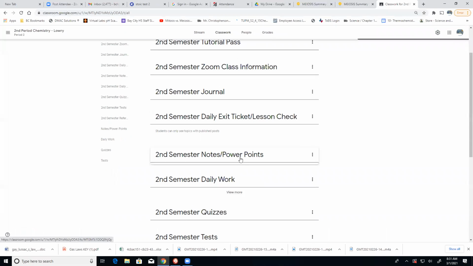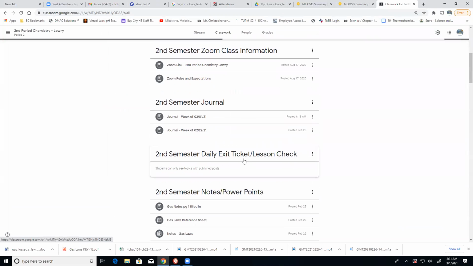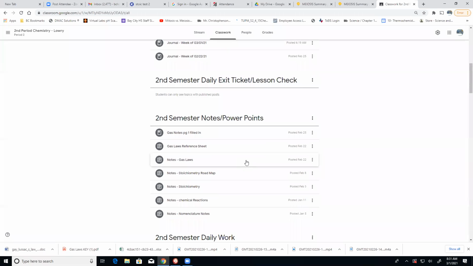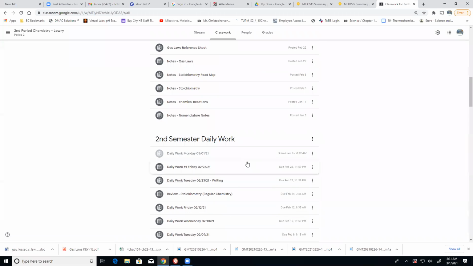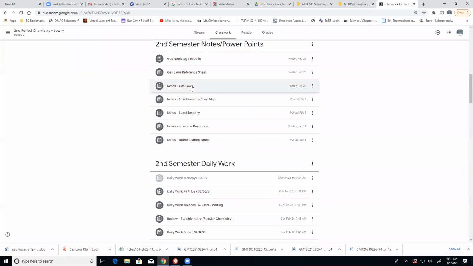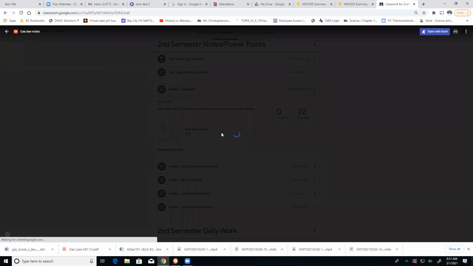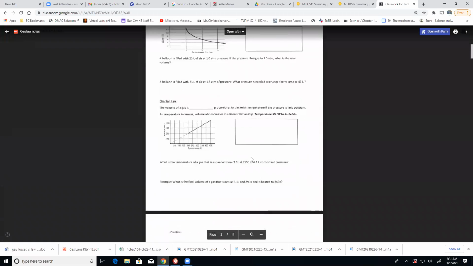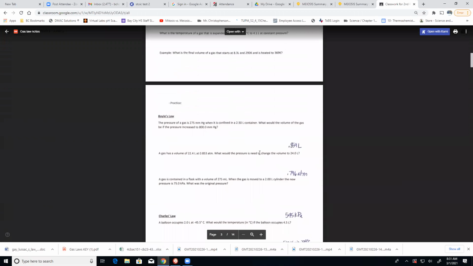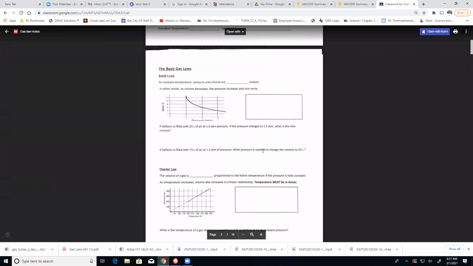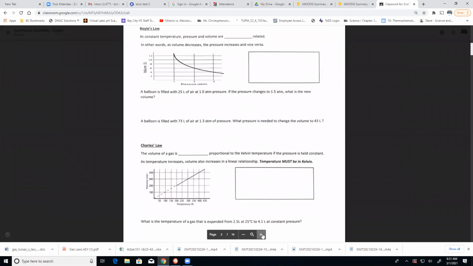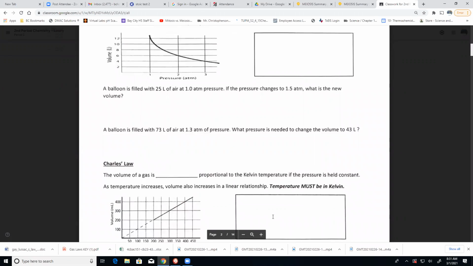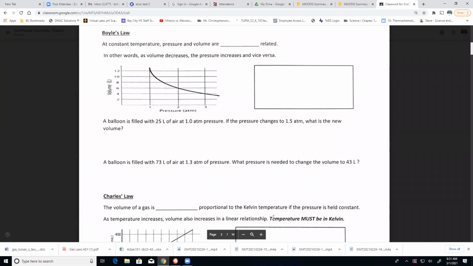So we're going to our gas notes that we've been working on, and you probably want your pink sheet out also. And then when we get through with that, for my virtual students, we'll go under daily work, and it'll say for Monday 3-1. All right, so we're right here. Second page, the basic gas laws is what we're going to look at. We're going to look at 2 today.